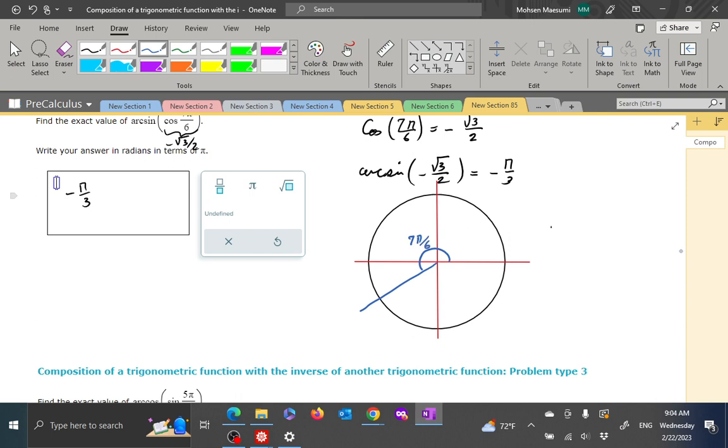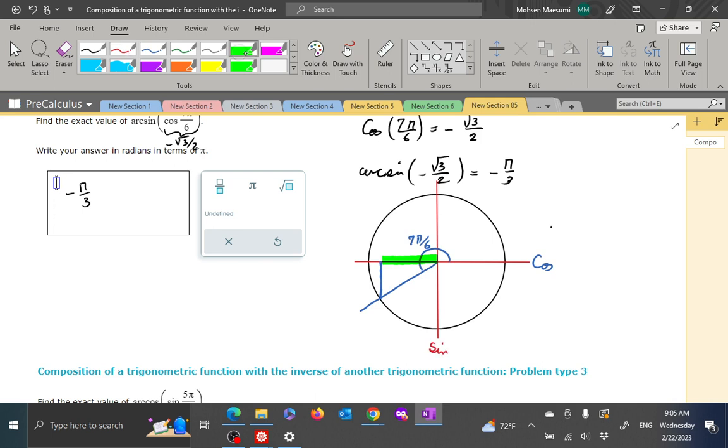First we calculate the cosine of this. So to find the cosine, we go to the cosine axis. So this is the cosine axis. Cosine of this is this green length, some negative number. Now we are asking what angle is it whose sine matches this green length. Well, the sine axis is this vertical axis.